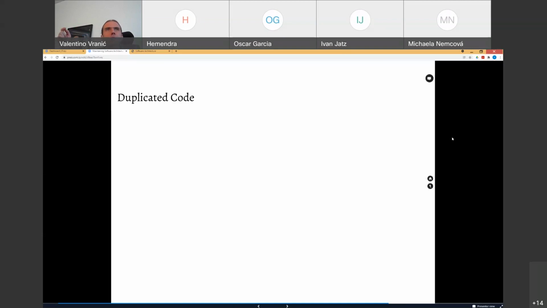You can search and replace things, but this is limited, and often these duplicated code samples are a little bit changed for the context.